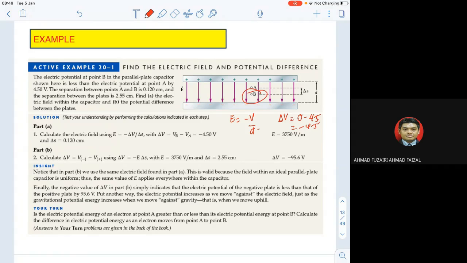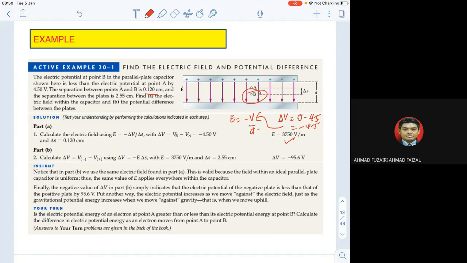We bring this negative 4.5 into the equation, so we cancel out the negative, and the distance is 0.12 centimeters. Remember to change it to meters. Then we get 3750 volts per meter.